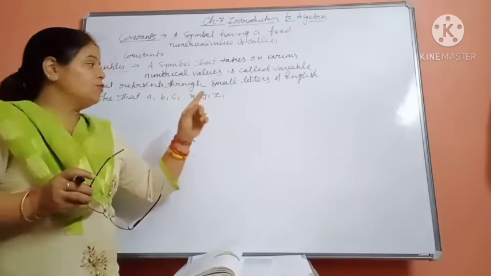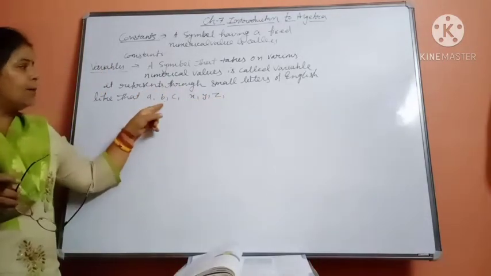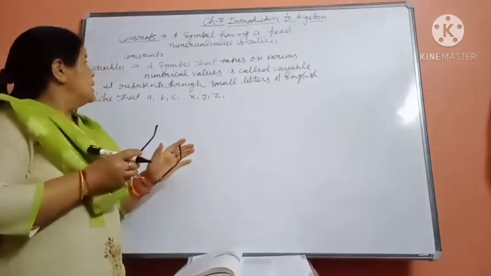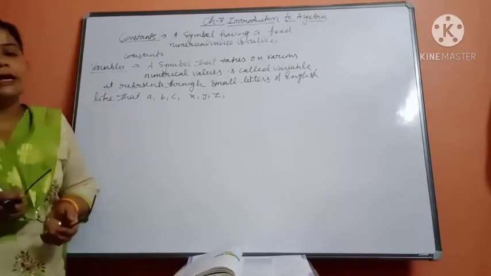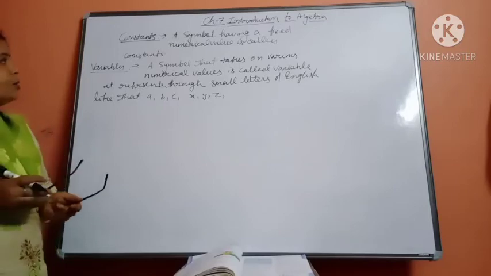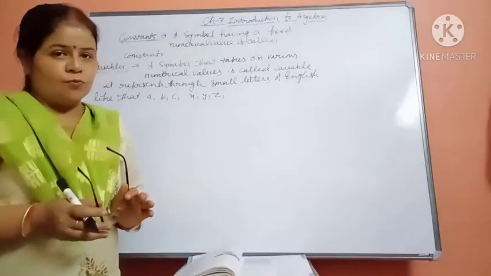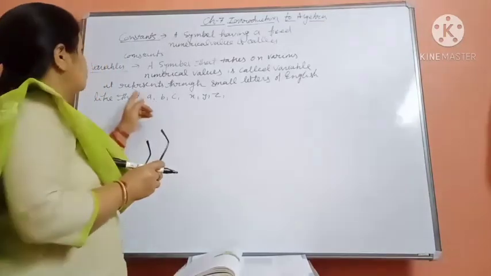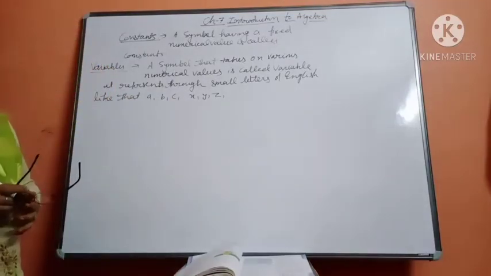So for that unknown value we use small letters of English, and these letters are known as variables. Constant means one stable numeric value, and the letters' values can be changed.